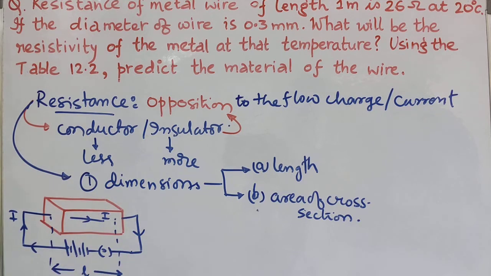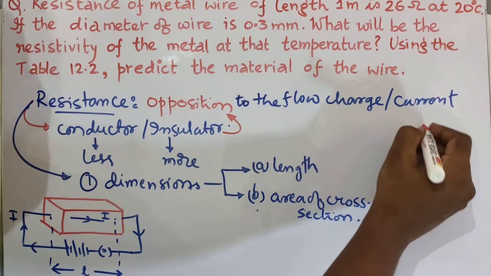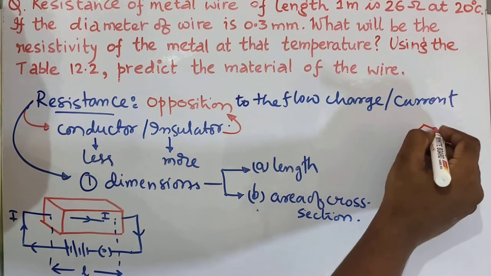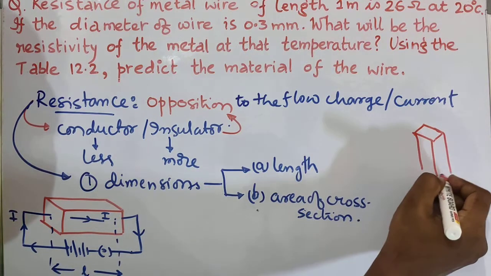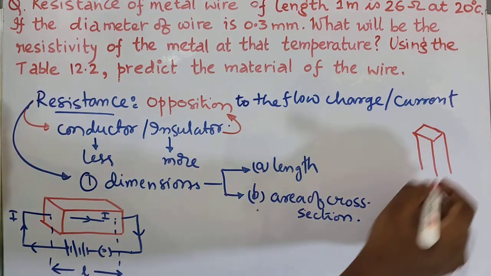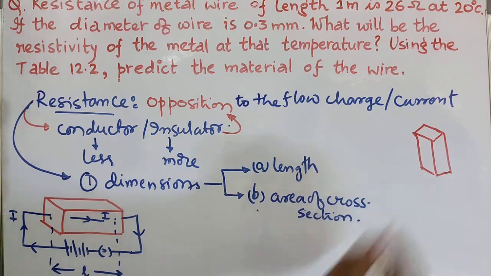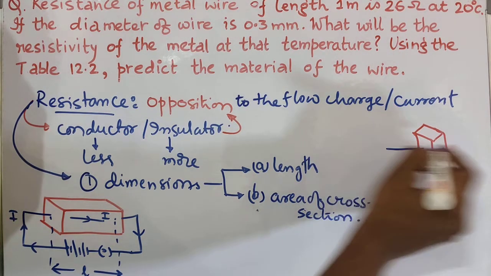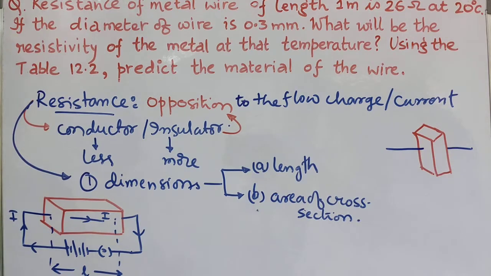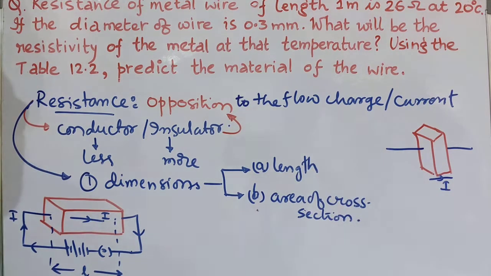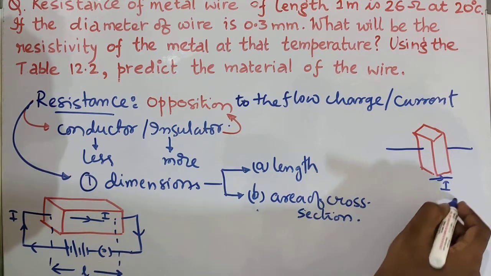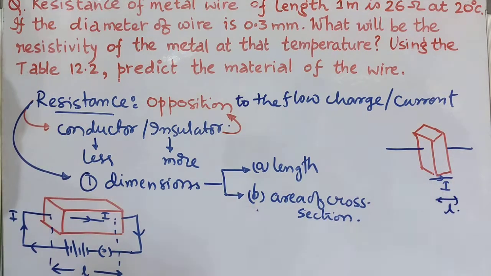Suppose I take the same material, everything is the same, but I am placing it in the circuit in this manner, and connecting it to the same circuit. Now the current is flowing in this direction, and this is the length here.